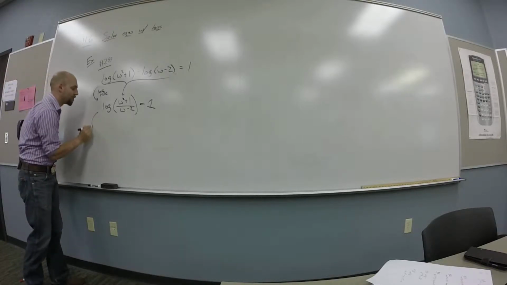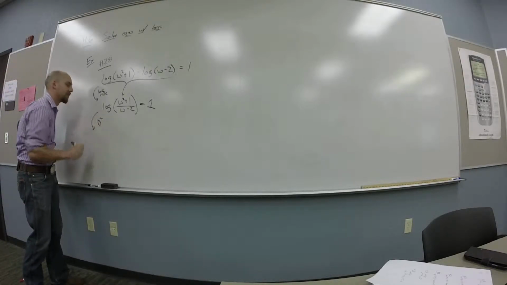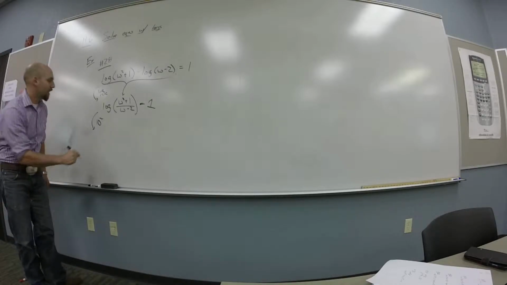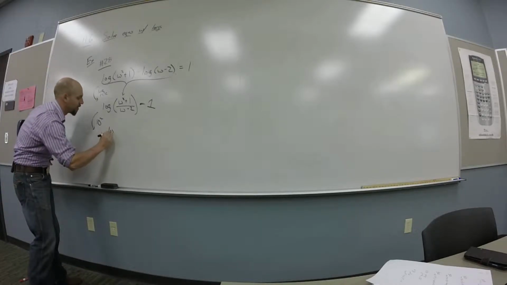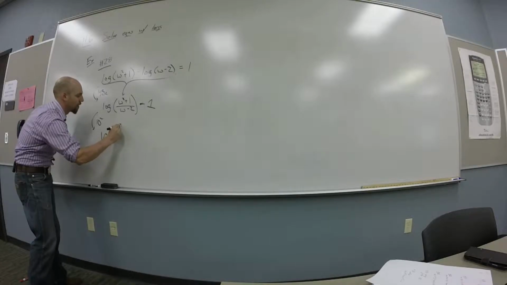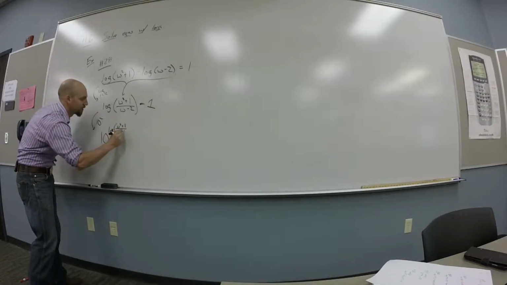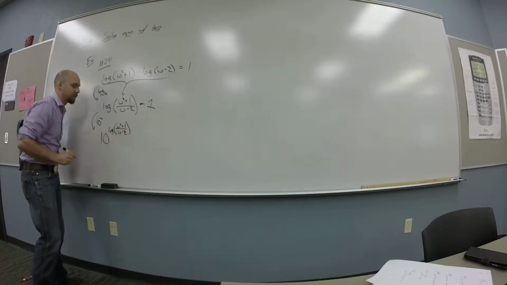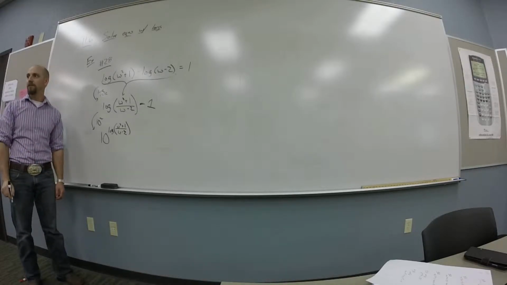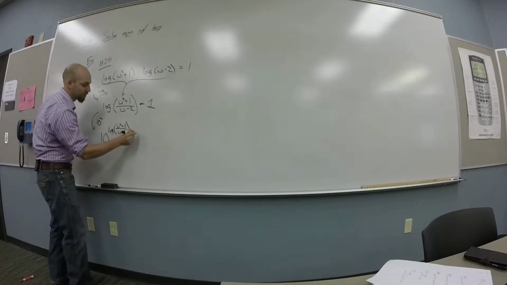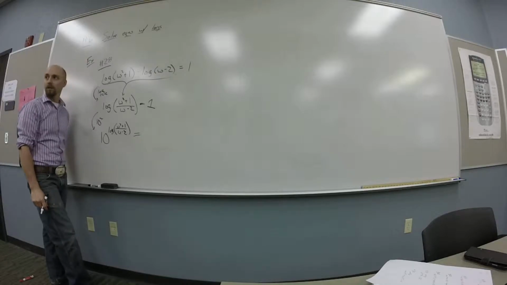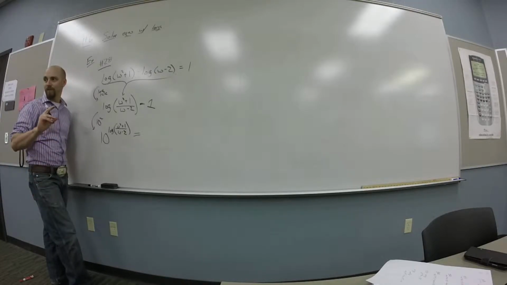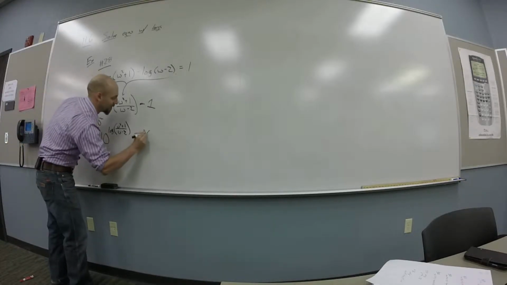Yeah, now I put everything in the exponent of a 10. So I've got 10 raised to the log of w squared plus 1 over w minus 2. Right? That's kind of gnarly looking. And this is supposed to equal, flip that over, 10 to the 1st, which is 10.